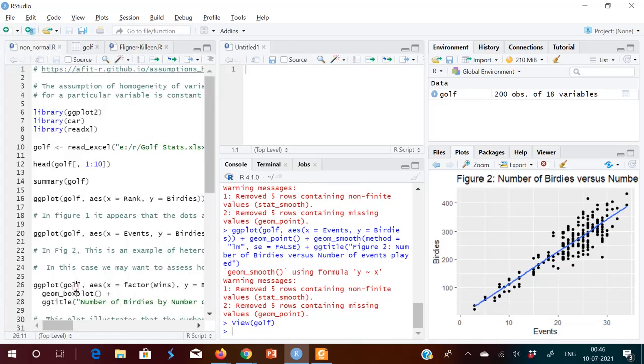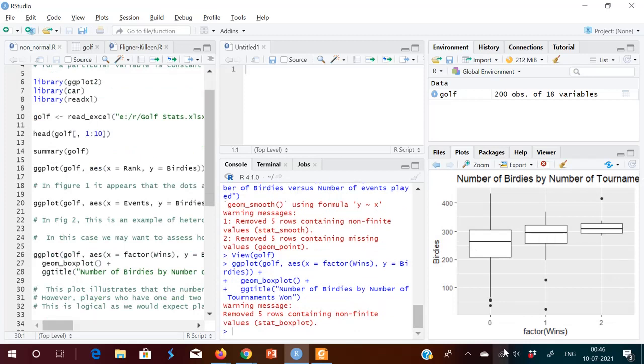So I am going to plot the box plot of wins versus birdies. This is the box plot. What I have done here is 0 wins, 1 win, 2 wins.